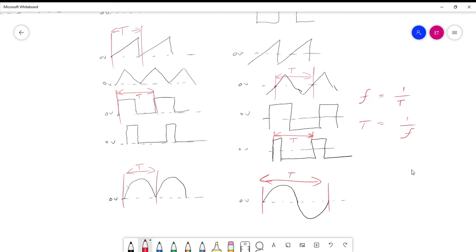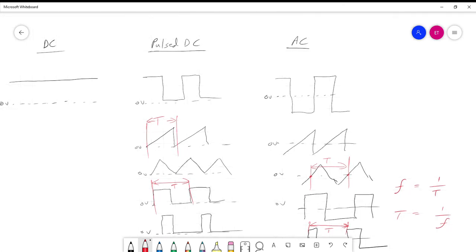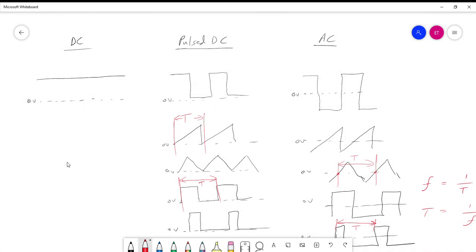Okay, there's a couple other parameters to look at, to get our heads around. I think we know a lot of them. The fact that we have voltage changing in time means that it gets a little more complicated now. In other words, we only had to talk about one parameter for this waveform over here: 10 volts.